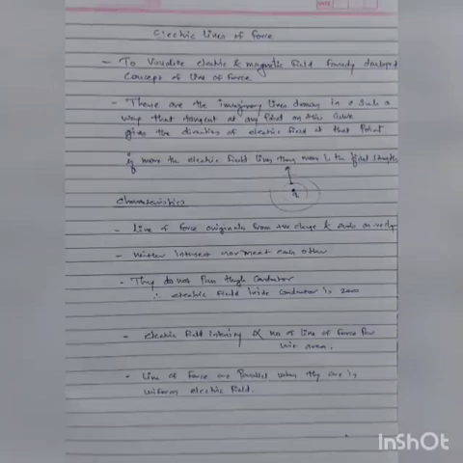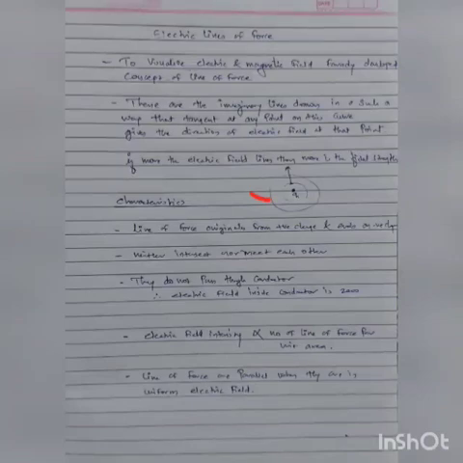Here in the diagram it is shown that a charge and its electric field around it. Electric field is a curve, and a tangent to any point gives the direction of an electric field or electric line of force.